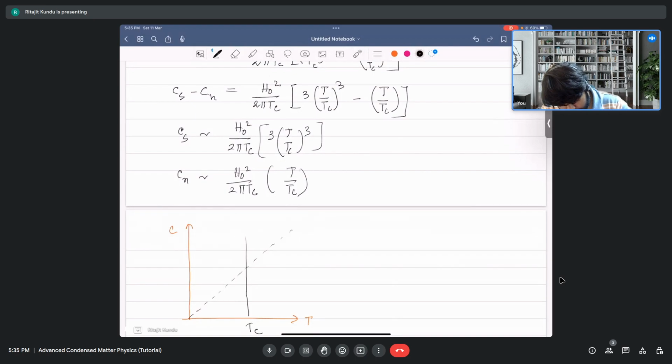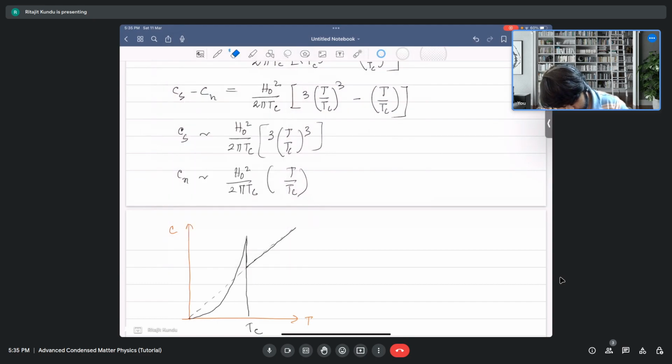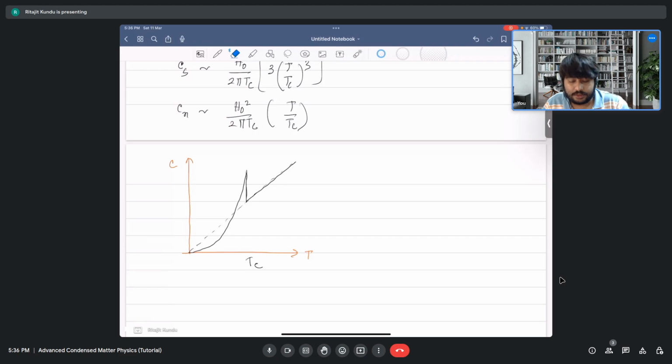It will grow as something like this, and it will pick up. As soon as it hits Tc, superconductivity is gone, and then it will just directly be this linear behavior. Okay, so this is how you can understand the heat capacity of this superconductor, right?